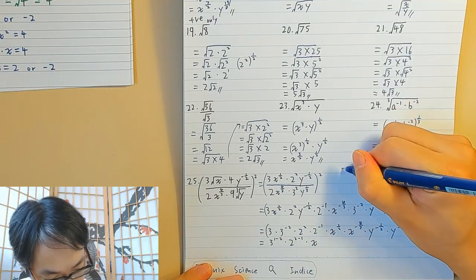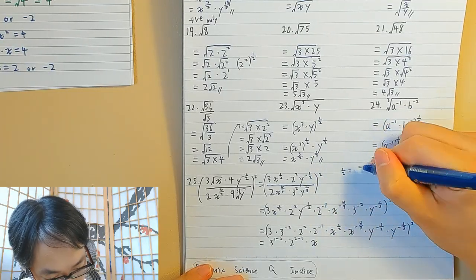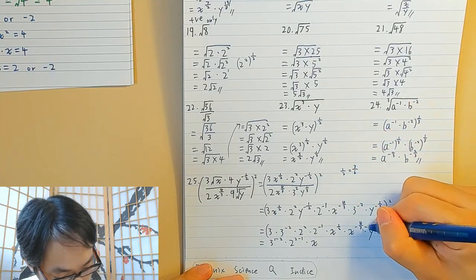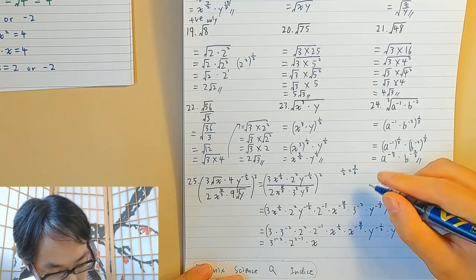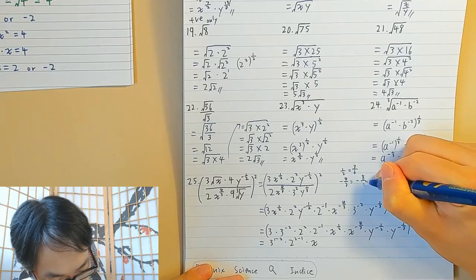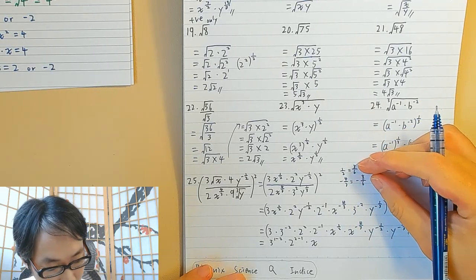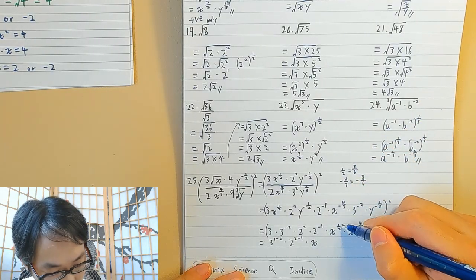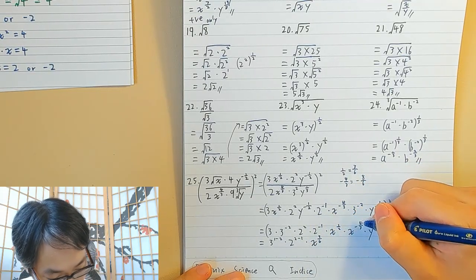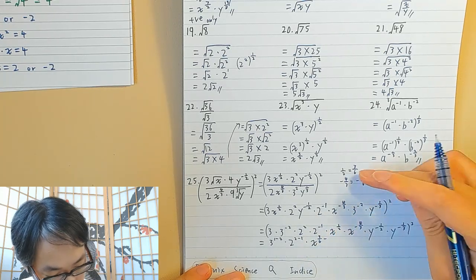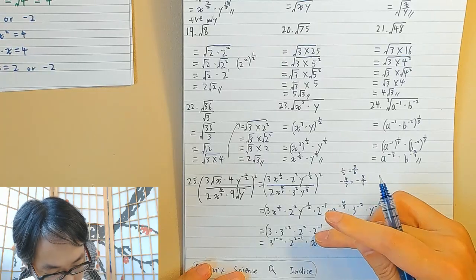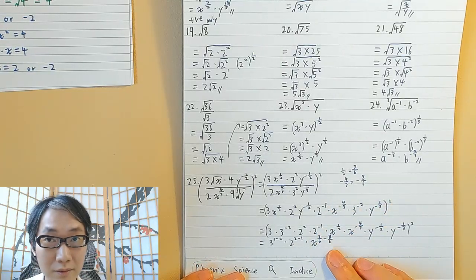So 1 over 2 is equal to 3 over 6. And 4 over 3 is equal to 8 over 6. Then now there's the common denominator. So 1 over 2, I turn it into 3 over 6, plus the negative number is minus, so minus 8 over 6. Then now they have the same denominator.